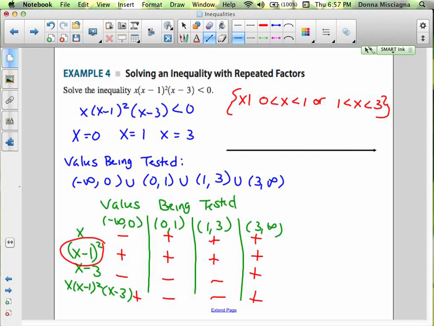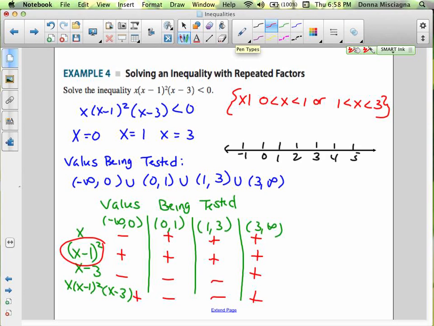To graph it, I got only one arrow, so I'll draw the other. I'll just start at negative 1, 0, 1, 2, 3, 4, 5. So we have an open circle at 0, because that value is not included.